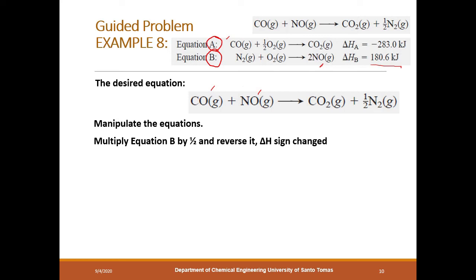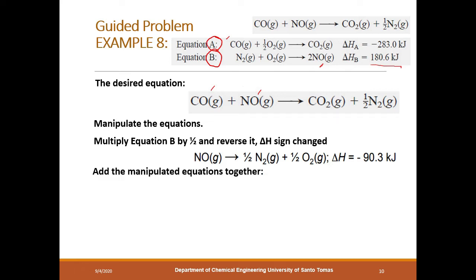Again, we manipulate the equations: we multiply equation B by 1/2 and reverse its sign. So we will have this new equation for equation B, that 1 mole of nitric oxide is going to be equal to 1/2 mole of molecular nitrogen and 1/2 mole of oxygen. And that 180.6 now becomes half, so 90.3, and will become negative as we reverse the equation.